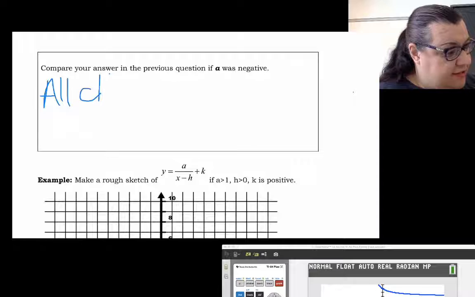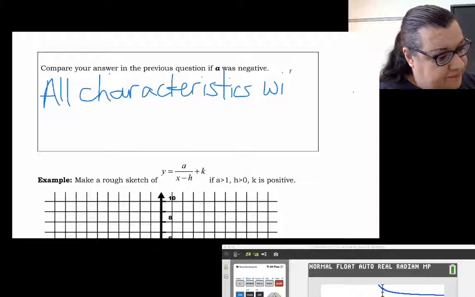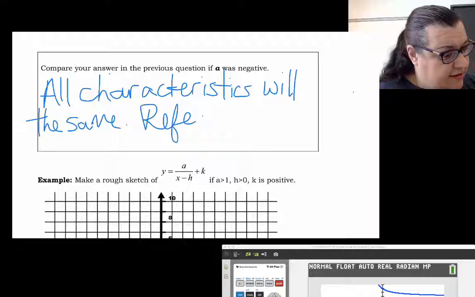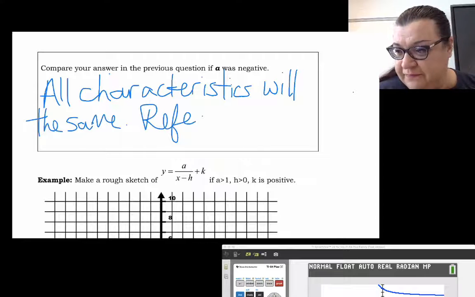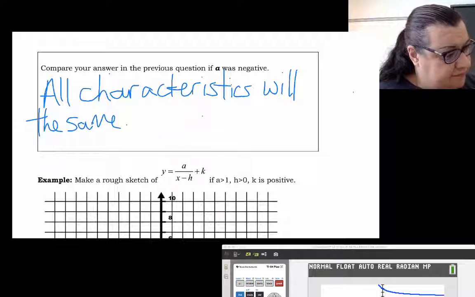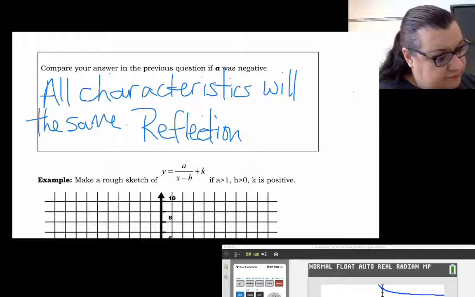So all characteristics will be the same. However, you will have a reflection across the x-axis.